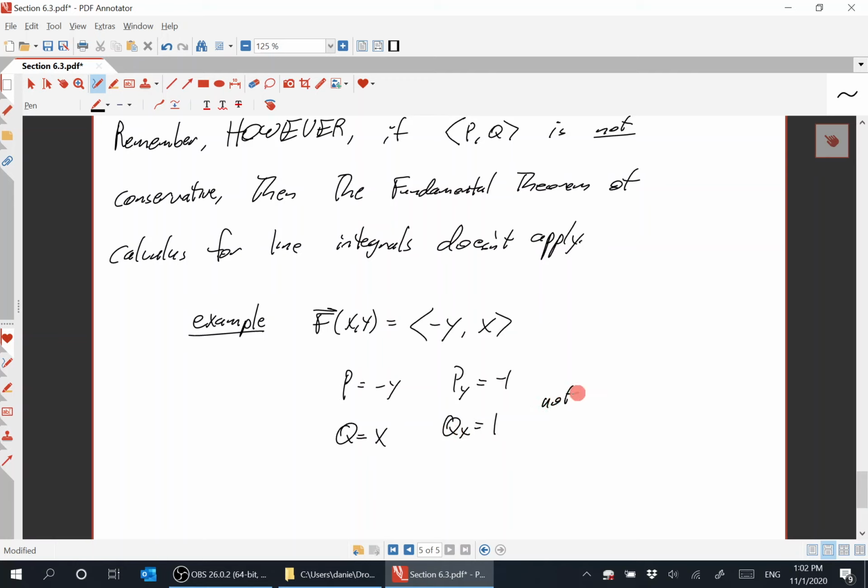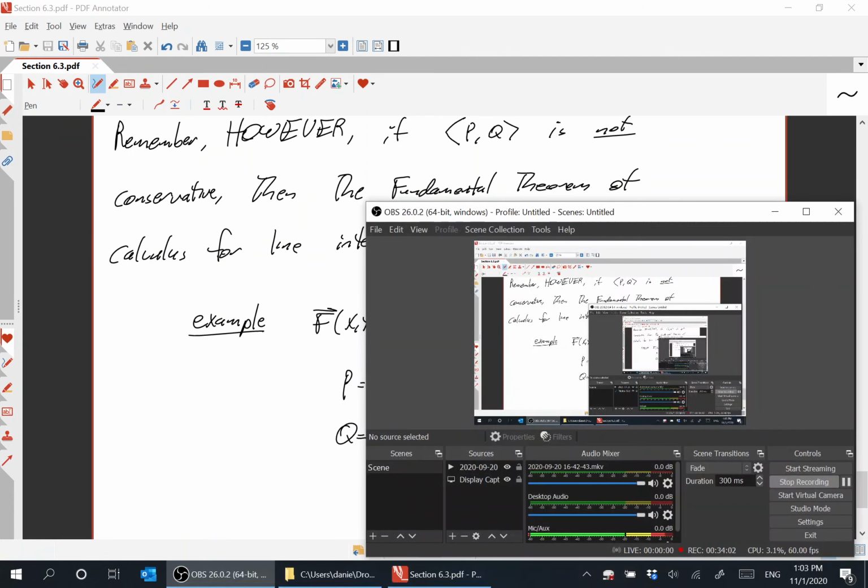So it's not conservative. So you can't find a potential function. There's nothing that would work for a potential function, and so the fundamental theorem of calculus for line integrals won't apply. Okay, but in the next section we're going to talk about a theorem that does help in those instances, called Green's theorem. But you know, that's the end of the lecture, and we'll have plenty of examples to do in class.